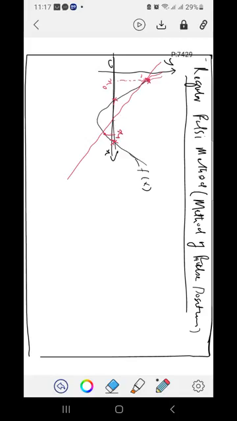Now the straight line crosses the x-axis at this point, so it means the straight line itself has its own root at this place. So we can call this place x bar or x2. Let's call it x2.